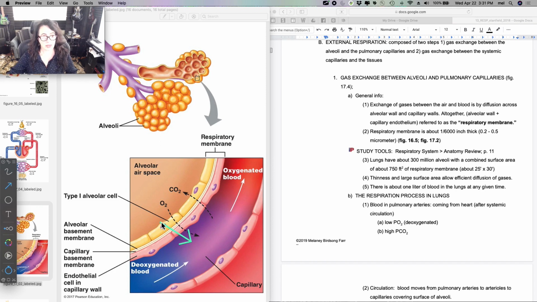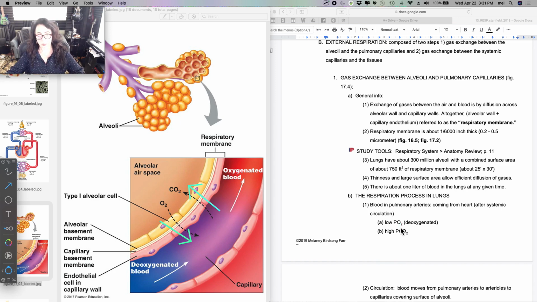Okay, so from high to low. And then carbon dioxide is going to move from relatively high carbon dioxide in the blood that was delivered to the lungs to the relatively lower carbon dioxide in the alveolar airspace. And how does that occur? Generally speaking, this is going to occur just by simple diffusion because of the solubility of oxygen and carbon dioxide.